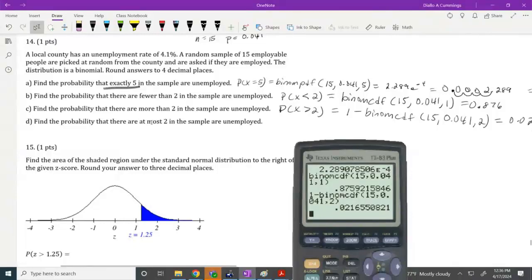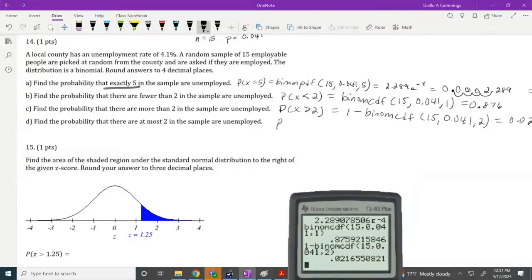That means you can't have anything higher than 2, but you can have 2. So I'm going to write this as the probability that x is less than or equal to 2, because you can have at most 2.